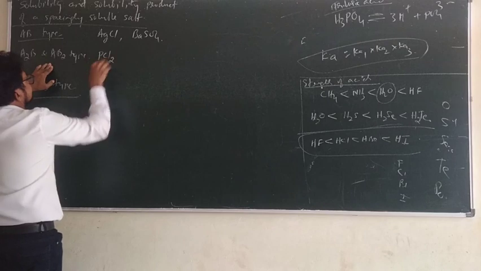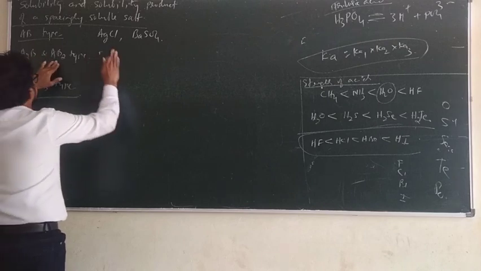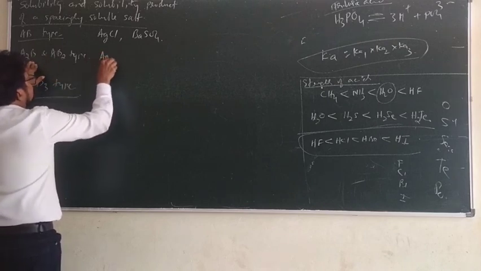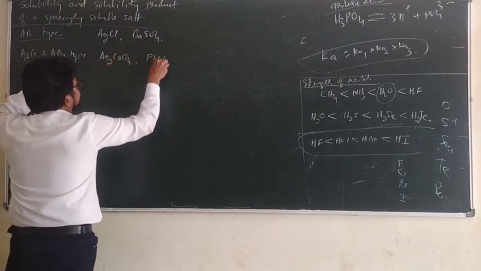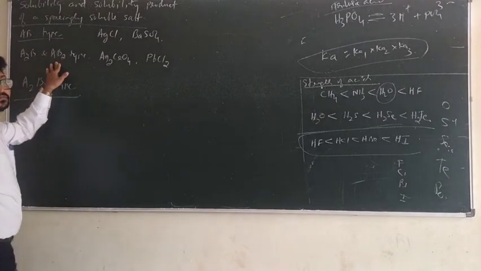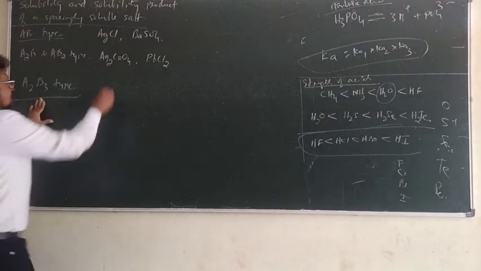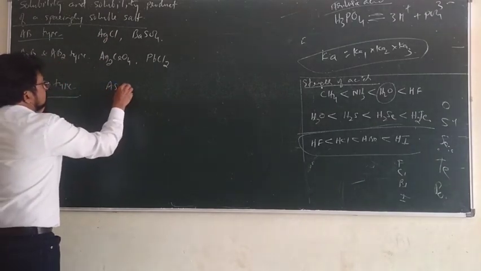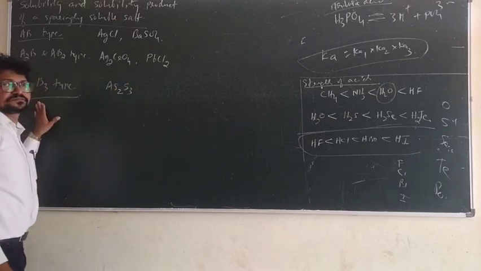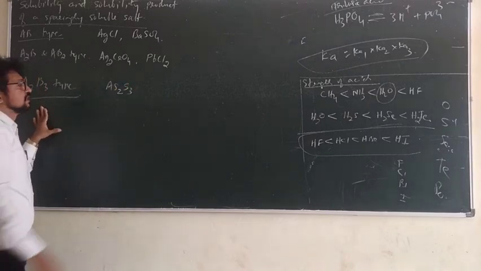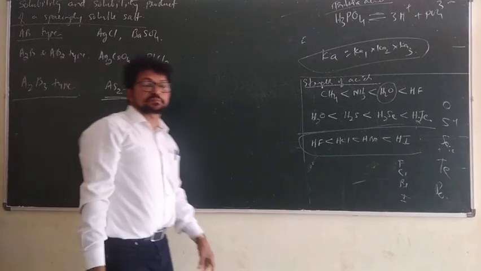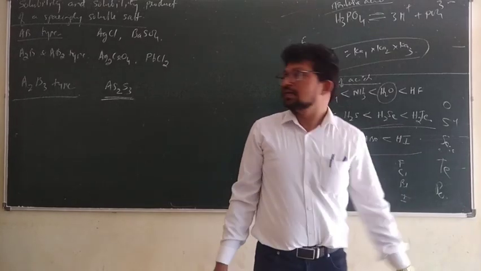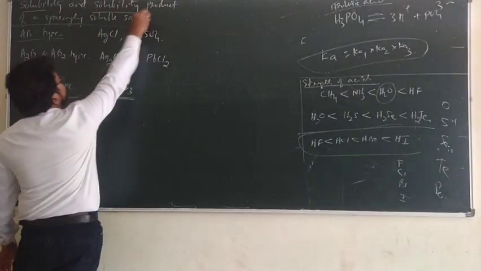A2B type: silver chromate, Ag2CrO4. AB2 type: lead chloride. These are all precipitates. A2B3: arsenic sulfide, As2S3. So these are some of the salts which are called sparingly soluble salts. So I have written the heading solubility and solubility product.